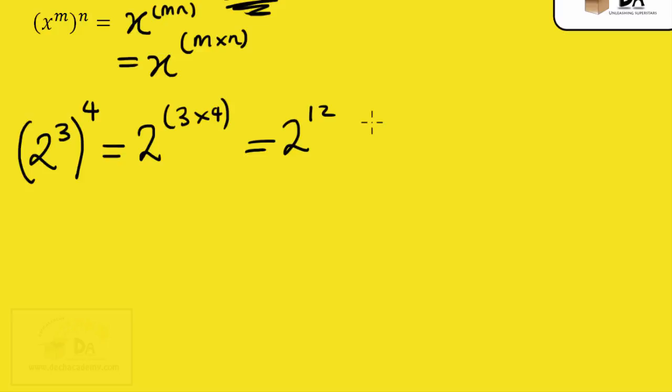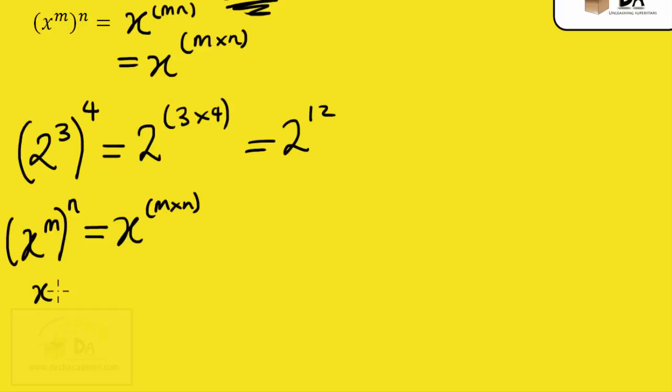That's what this rule says. So just to take a step back, the law says x to the m raised to the power of n is equal to x to the m times n, where x is a variable, and m and n are real numbers.